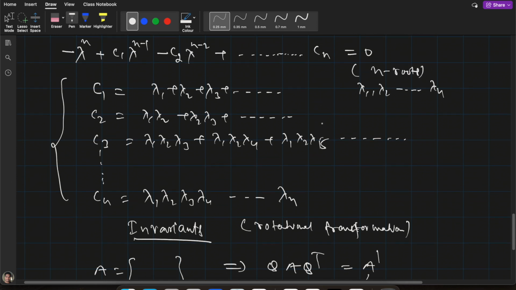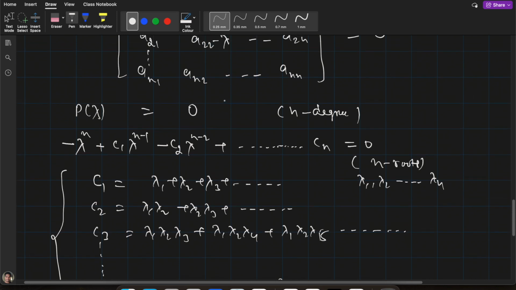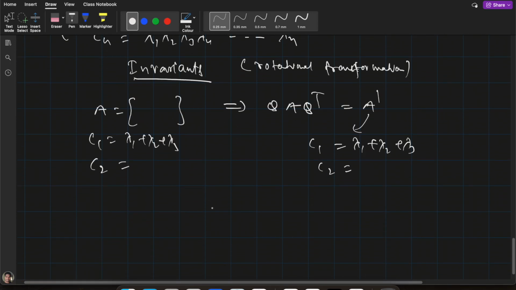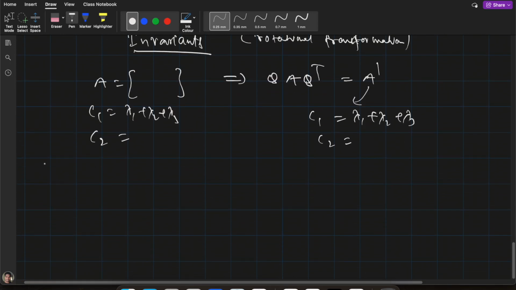Fine. Now this polynomial is also called the characteristic equation. Okay, let's take an example. I will also talk about the very familiar case. Suppose you have a 3 by 3 matrix A11, A12, A13, A21, A22, A23, A31, A32 and A33.